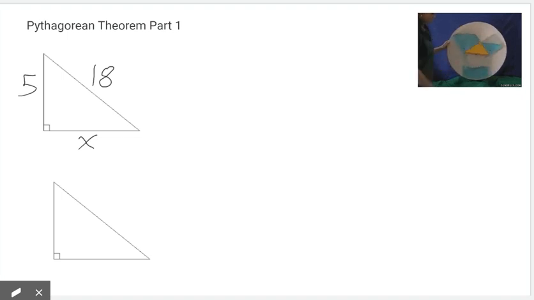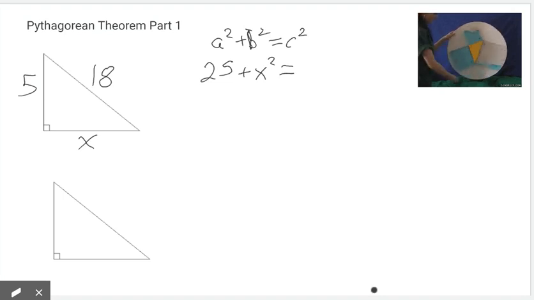All right, again, a squared plus b squared equals c squared. So 25, 5 squared, plus x squared equals, okay, what's 18 squared? It's 324.